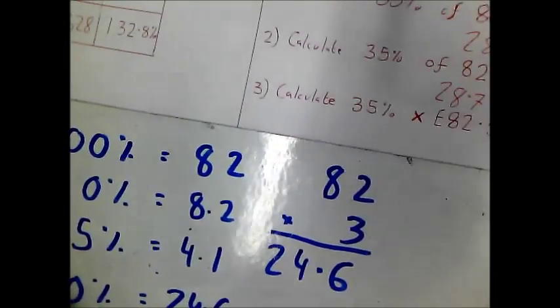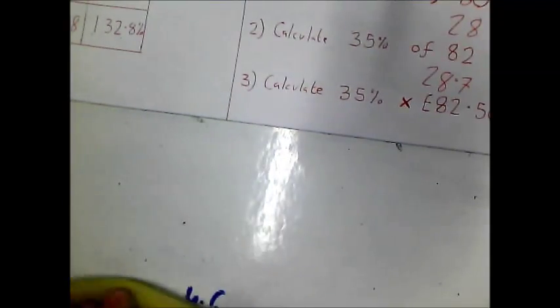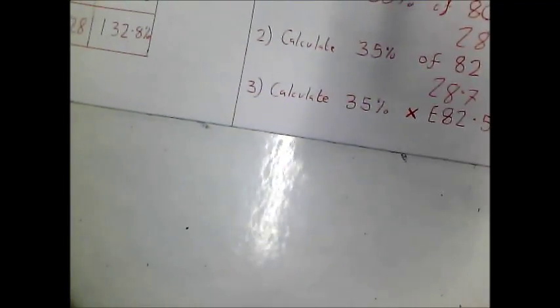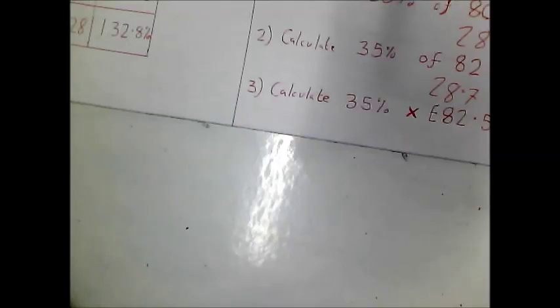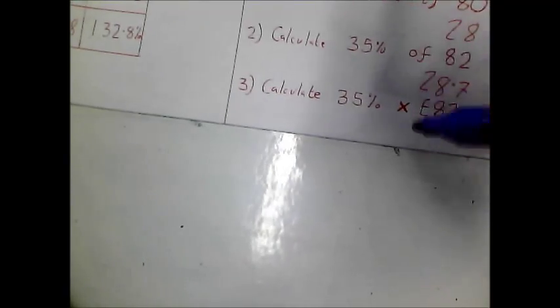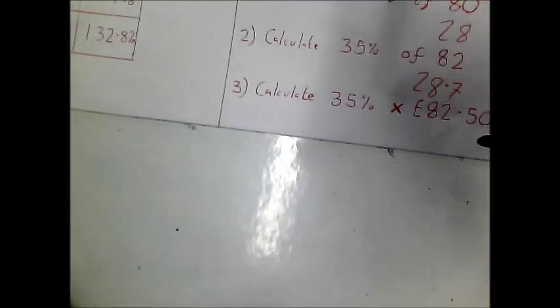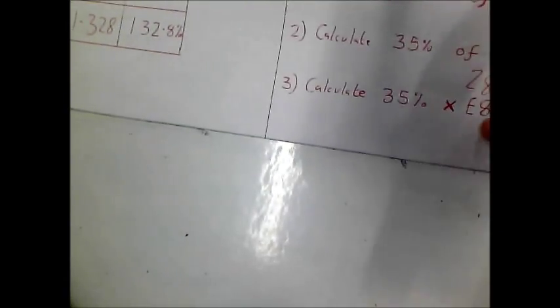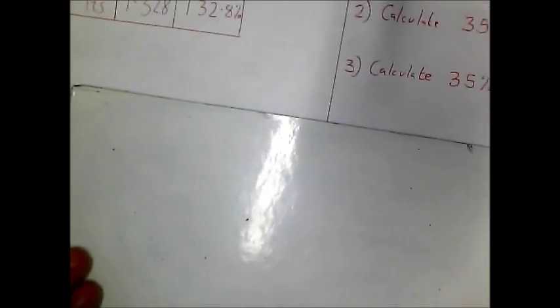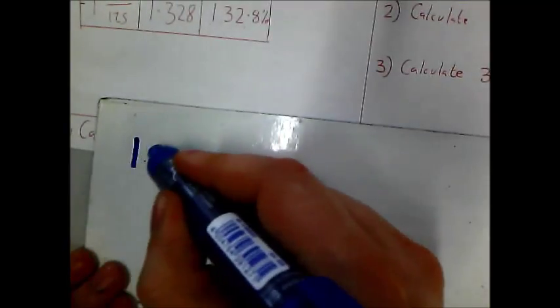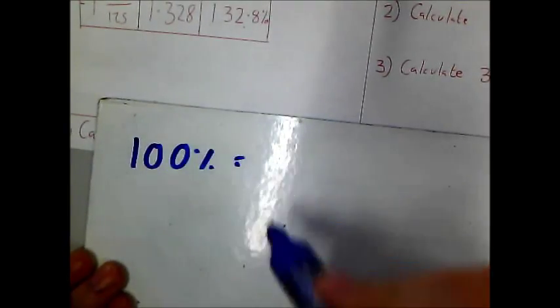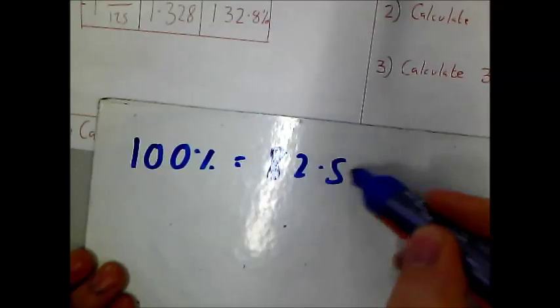Okay, and now for our final question, it asks us for 35% multiplied by 82.50, so £82.50. Okay, now always remember of and multiplying mean the same thing in mathematics, so it's actually exactly the same question, just with a slightly trickier number. So 100% is this time £82.50.